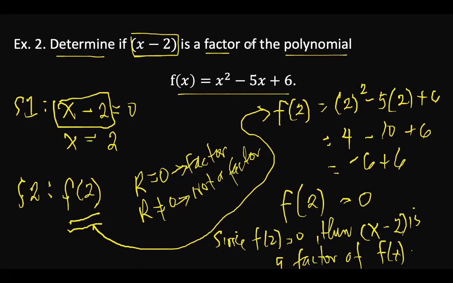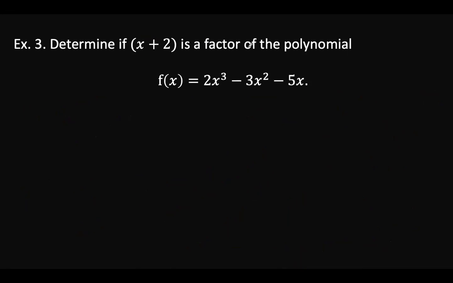So, let's deal with more examples. Okay, eto. Tingnan natin. So, para matry natin itong natutunan, naintindihan, try to answer this on your own and pause the video. And once you have the answer, play the video and check whether our answers are the same. Okay? So, let's start solving this.